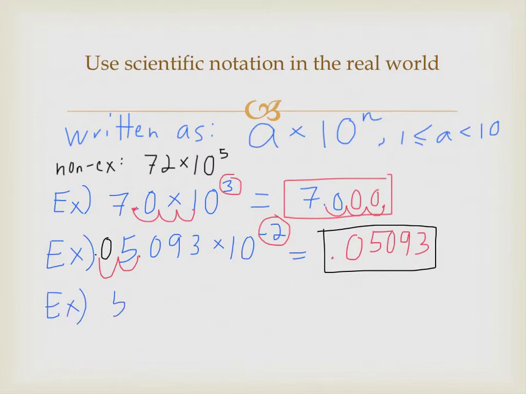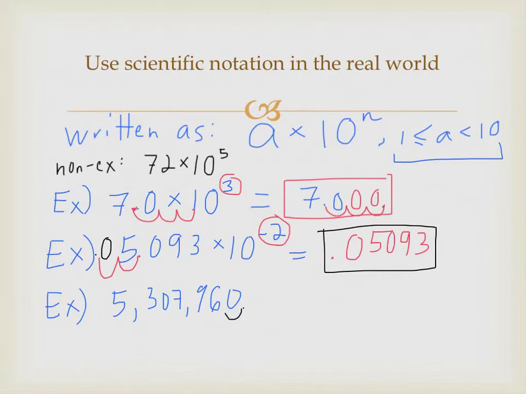So let's say I had 5,307,960. To be clear, the decimal place is right there. Now we'll ask ourselves, how many decimal places do we have to move, and are we moving them right or left, to find our A value, our number that's going to be between 1 and 10 but less than 10?